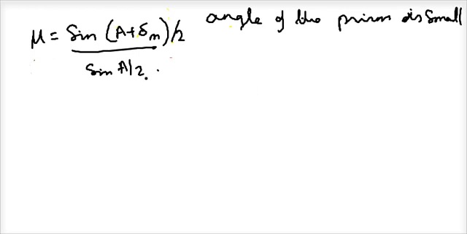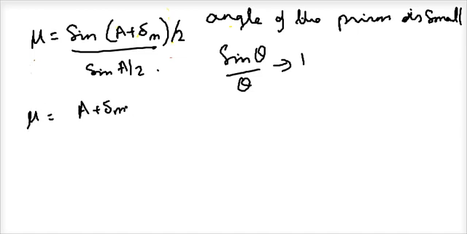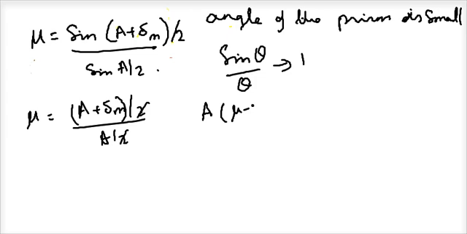Instead of the sines of the angles, I can substitute sine theta by theta. So I can say mu is equal to (A plus D minimum) by 2 divided by A by 2. So the 2's get cancelled, and I can say A into (mu minus 1) is equal to D minimum.